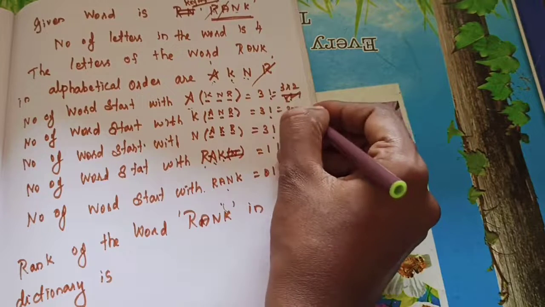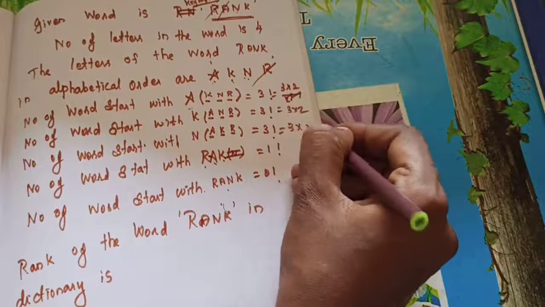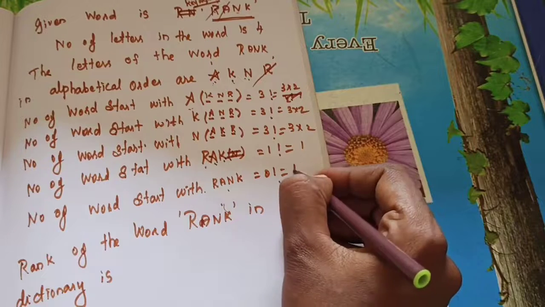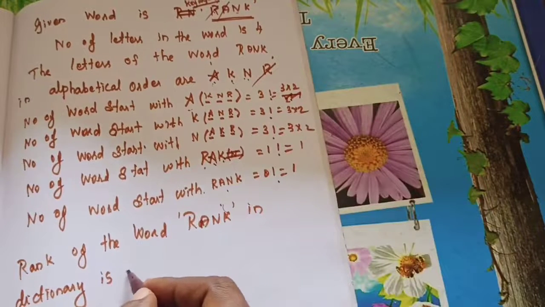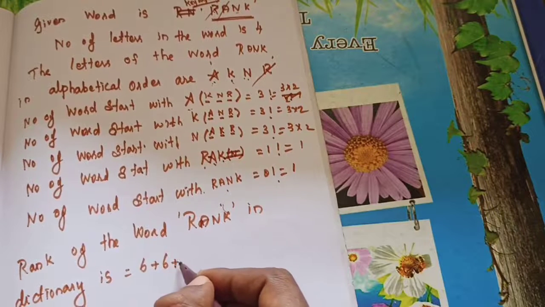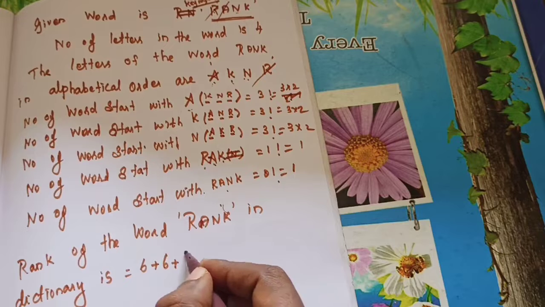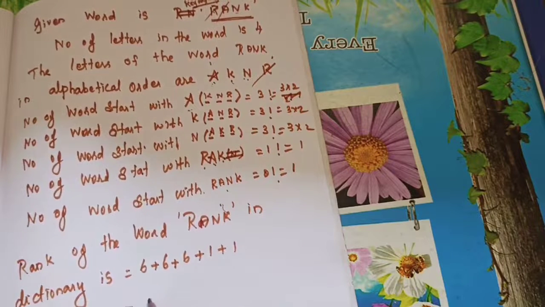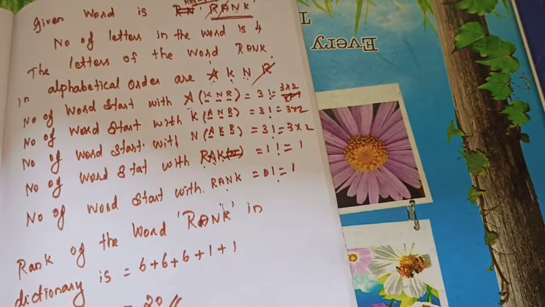Here next means 3 into 2. Next means 3 into 2. 1 factorial means 1. 0 factorial, what's the value? I taught already in one note. 1. Okay. So you need to add all the words. That is, how much will you get? 6 plus 6 plus 6 plus 1 plus 1. So what's the answer? 18 plus 2, 20 is the answer.